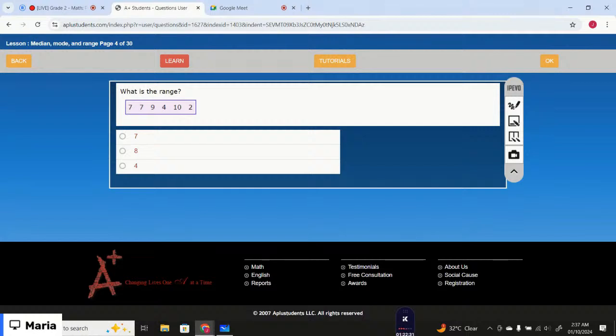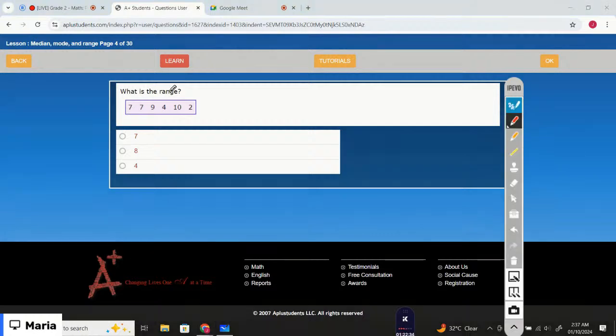What is the range? So again, range is the difference between the greatest number in the given data and the smallest number in the given data.